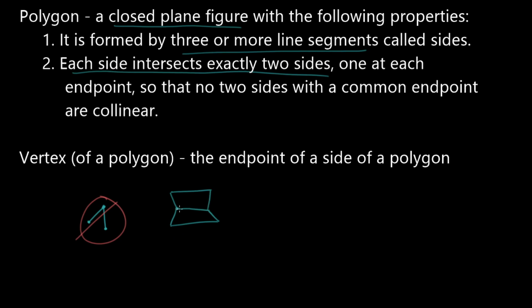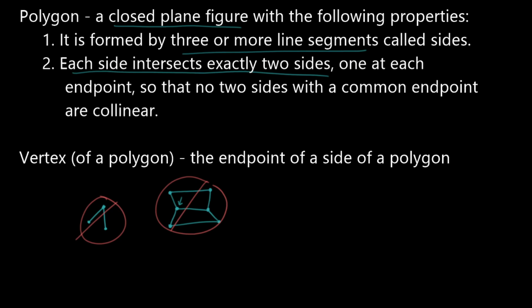Here's an example of a shape where a few sides actually intersect more than just two other sides. For example, we could look at this point right here. It's a point of issue because this segment here will intersect, well, 1, 2, 3, 4 different sides. And so this, as it's drawn, is not a polygon. That's what I'm trying to avoid when I say that each side intersects exactly two sides.